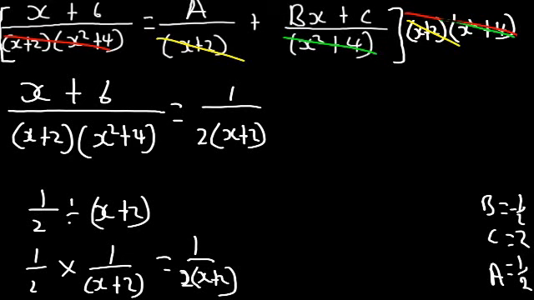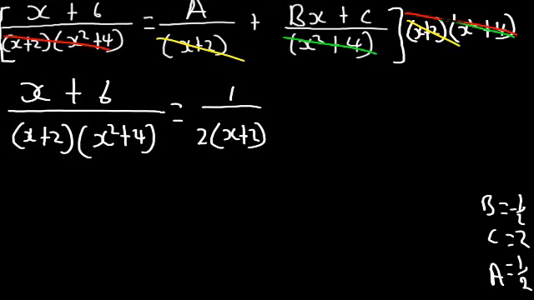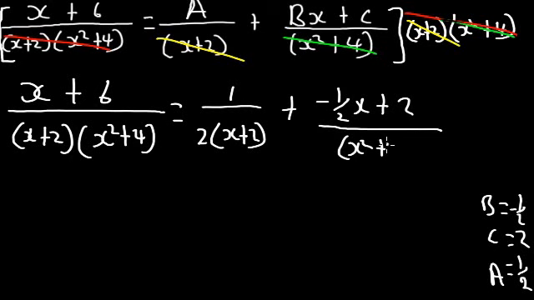Perfect. So let's continue. Now, what about b? So b is negative 1 half. So I'm just going to have plus negative 1 half x plus c, which is 2, then that's divided by x squared plus 4.